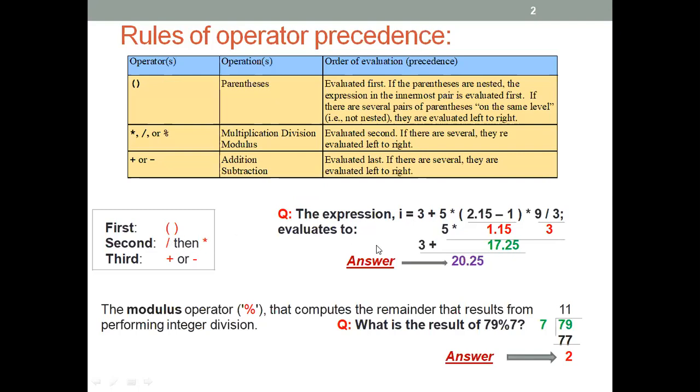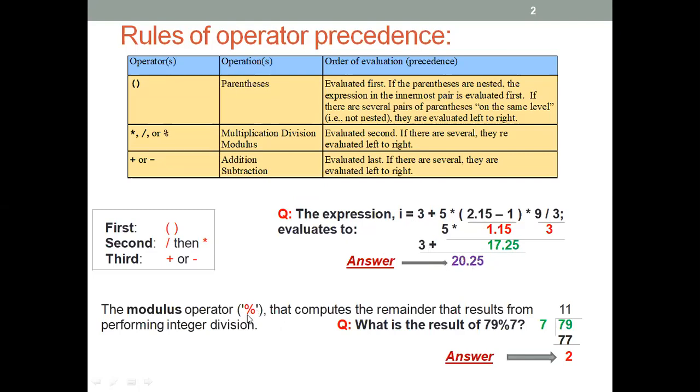You have a divide here, so solve this one first. After that, you have all the multiplications. You are going to solve 5 multiplied with this, multiplied with 3, and you get 17.25. The last one is the addition and subtraction, whether it is plus or minus. This is the third one you solve, so the answer is going to be this.